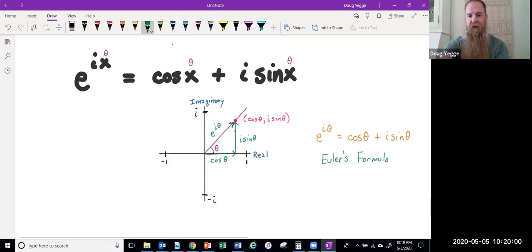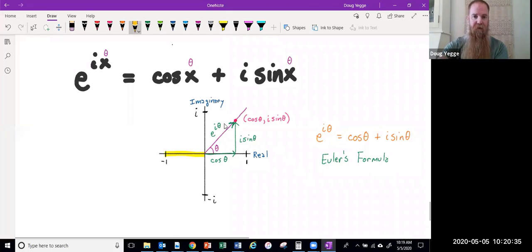But one thing that I wanted to focus on is that if I were to take any angle, this angle right here looks like about pi over 4. So it looks to me like if I take cosine of pi over 4 plus i times sine of pi over 4, that would give me the same value as e to the power of i times pi over 4. What I would like to focus on is this angle right back here.